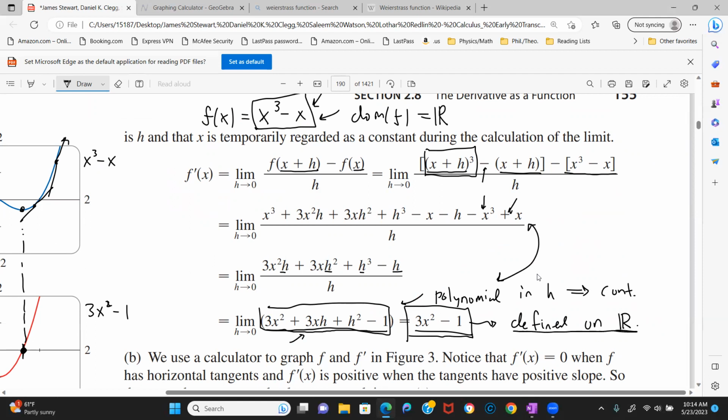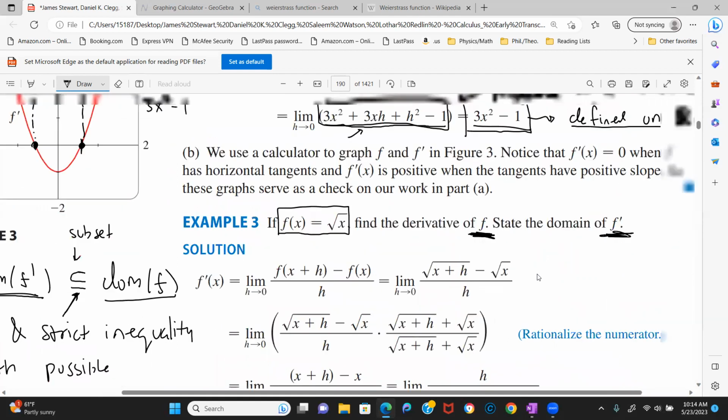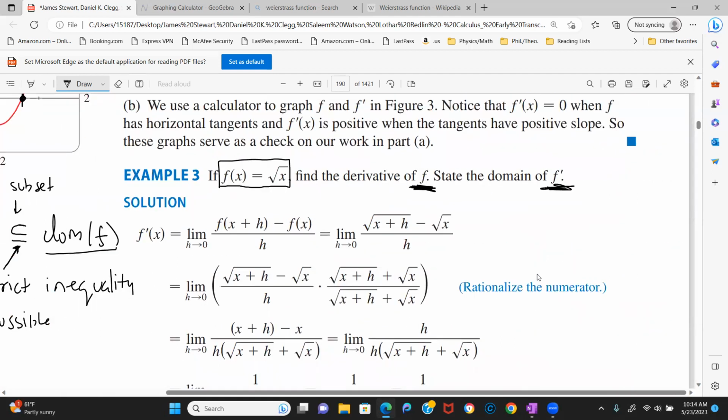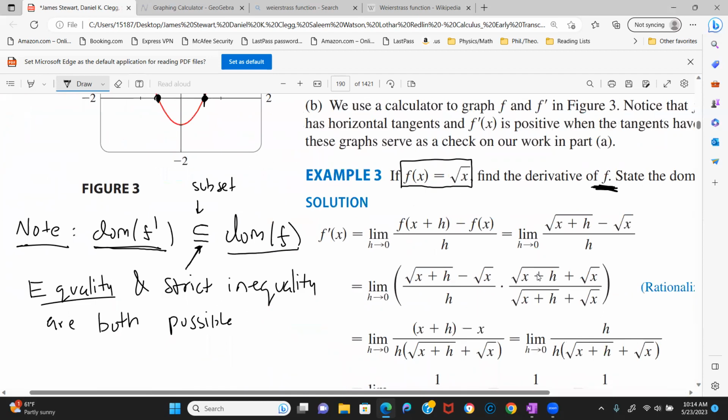So the domain is also equal to all of R. So you can have the domains be the same. In this example, though, they're not going to be the same. The domain of the derivative is going to be strictly contained in the domain of f.